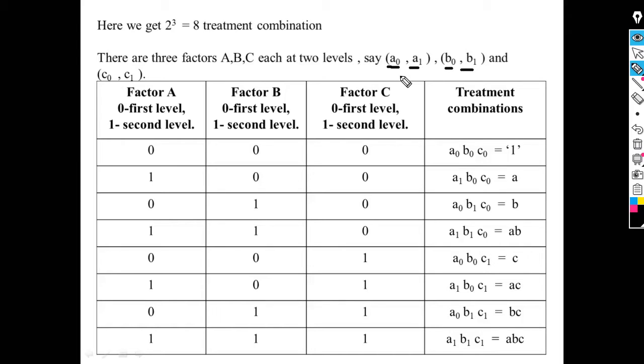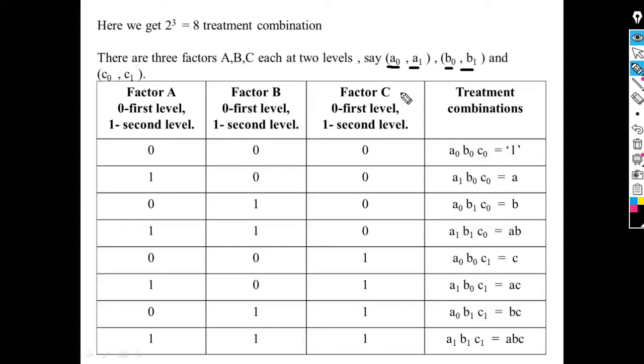Now with the help of these levels we get different treatment combinations. In the first column we have factor A, with 0 denoting the first level and 1 denoting the second level. In the second column we have factor B, where 0 means the first level of factor B and 1 denotes the second level.